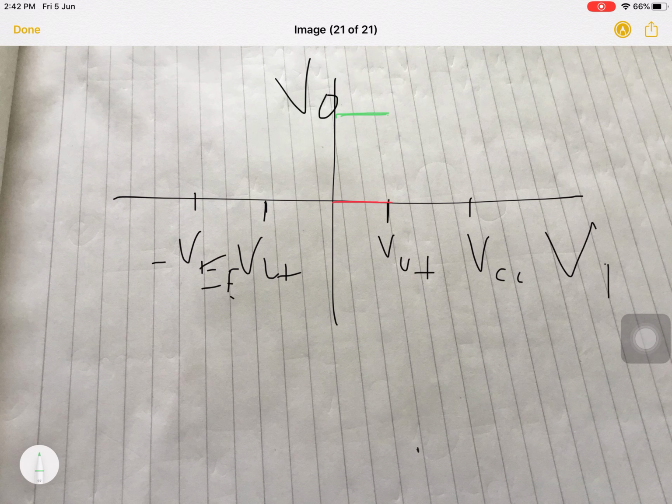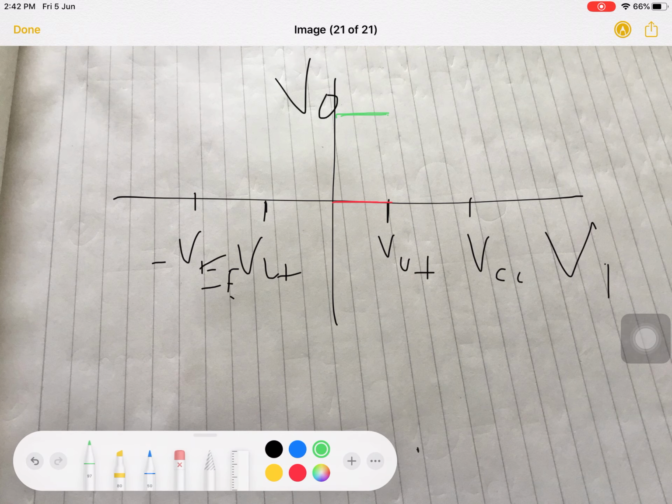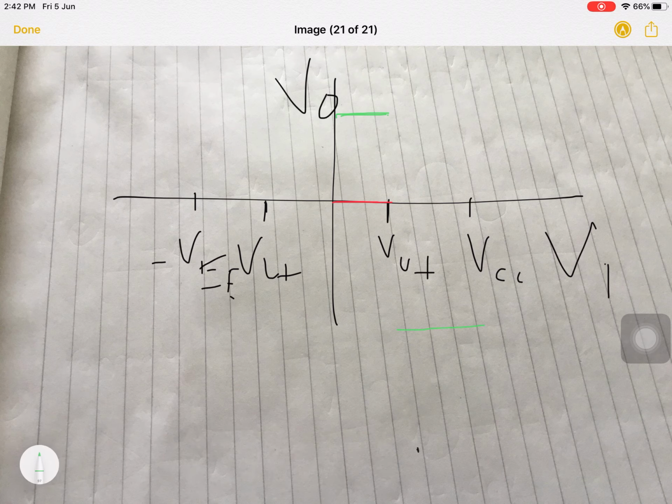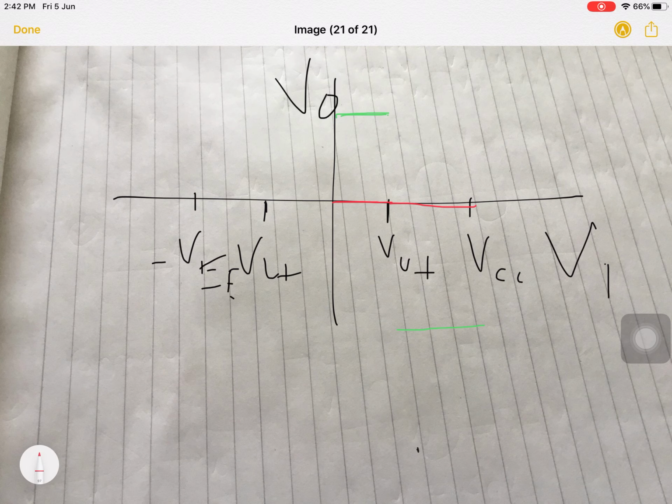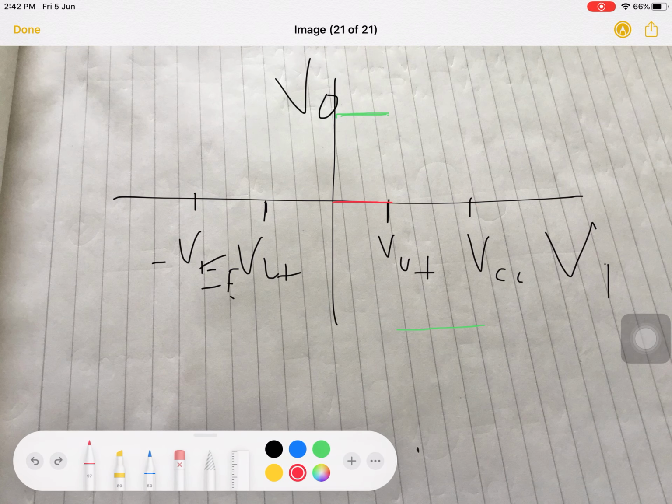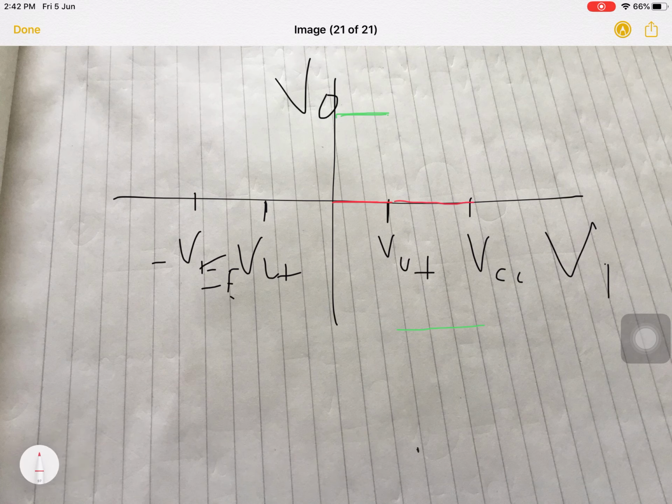As it crosses VUT, the output shifted towards minus VEE, up to this region, when the input travels up to this.